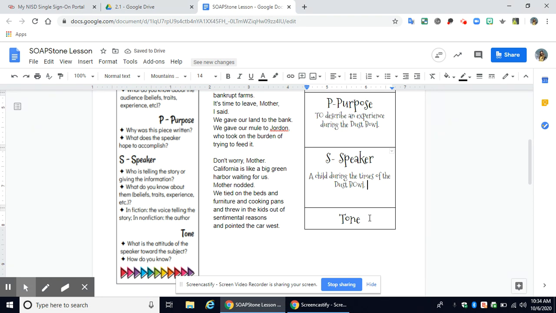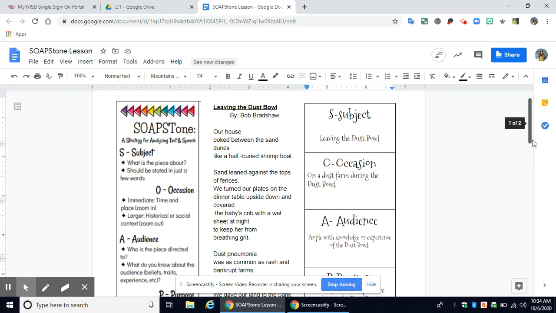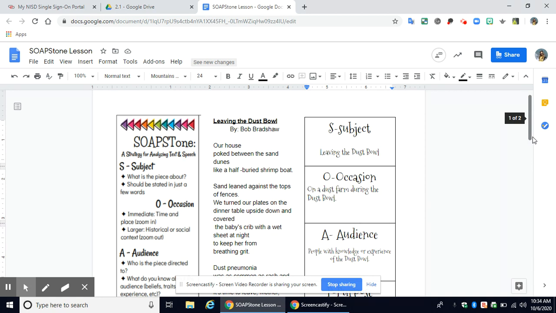And then for tone, so remember that's kind of what the speaker's or the author's attitude towards the subject is. And if I go back, I can tell, remember how I mentioned that you can see through the figurative language or just the way the author is using his sentences, or how he structures them, what the tone is. So if I go back at the poem and I start at the beginning, I can tell at the beginning it is kind of sad, right?